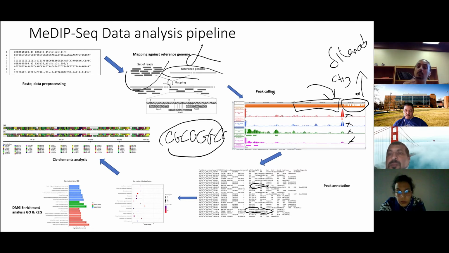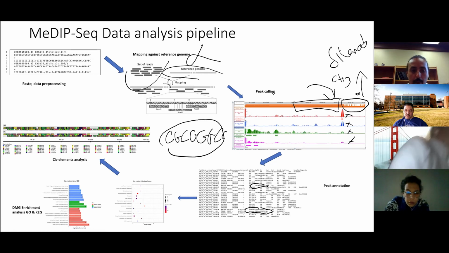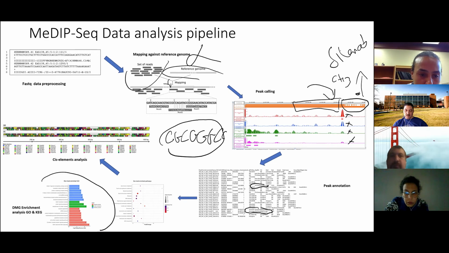So when you find all those genes, you want to know what the functions of those genes are. Okay, yes, I have this gene, it's methylated, then what? I need to assign a function to that gene. That's why we do enrichment analysis. We do gene ontology analysis. Gene ontology analysis will give you an idea about the biological process.